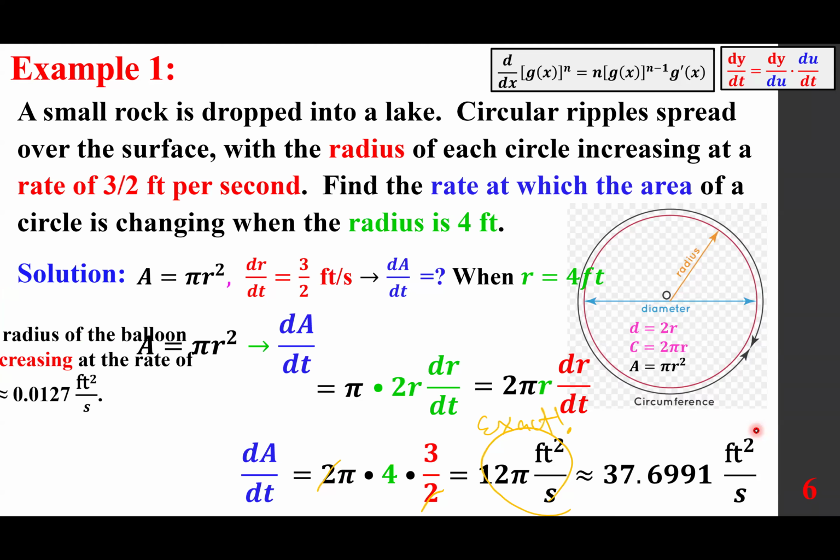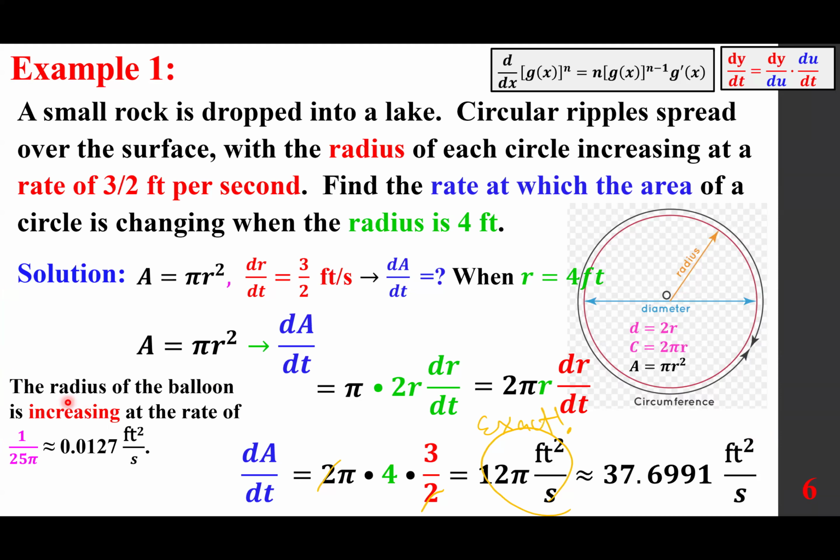What does that mean? The area, everybody. I mean the area.